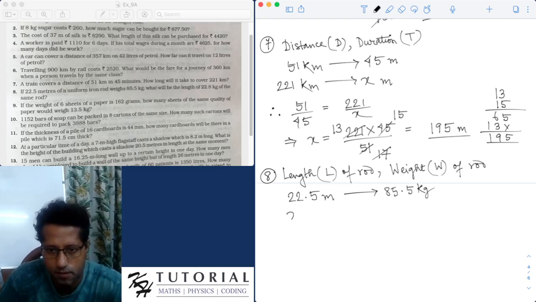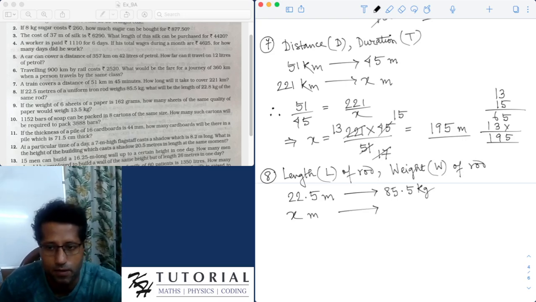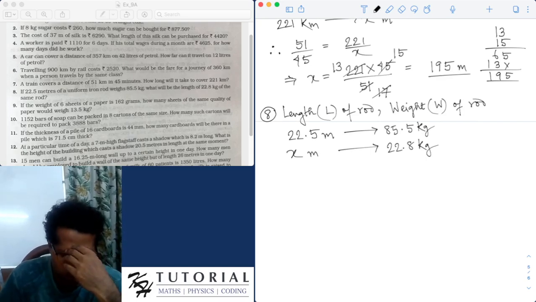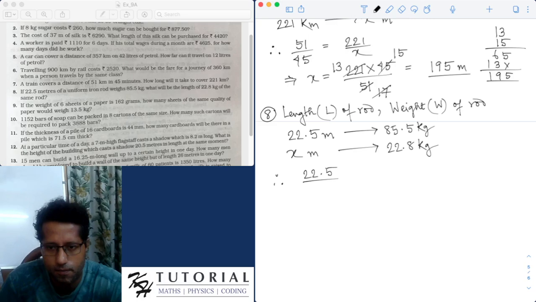Let's say the length will be x meter. So let's say x meter of that uniform rod, its weight will be 22.8 kg. So now applying the concept of two quantities in direct variation, that the ratio remains the same, we can say that 22.5 divided by 85.5 equals x by 22.8.